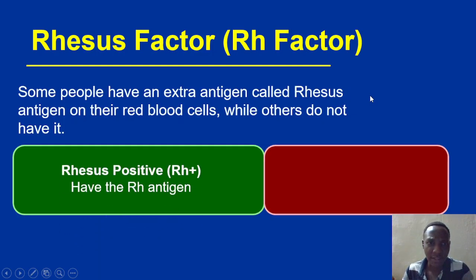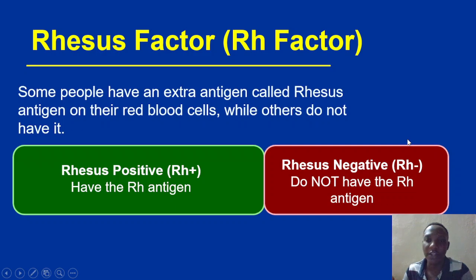Rhesus positive people have the Rh antigen, while rhesus negative people do not have the Rh antigen. So that's the other extra antigen that you can observe in the red blood cells.